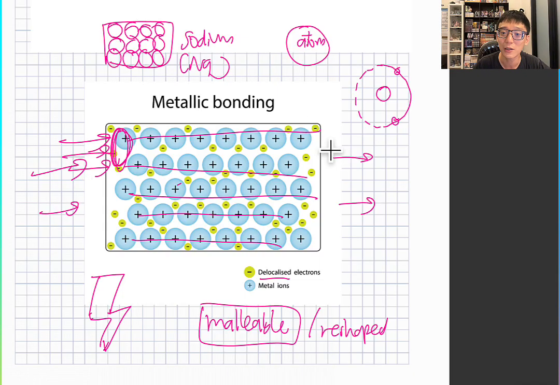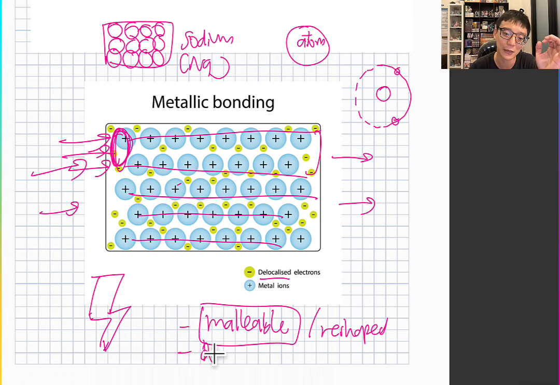The metal layers would just slide, so they would move a bit. That is why metal would not just break, but can be reshaped. At most, the part would be dented, not broken. This is the ability of metal to be malleable.